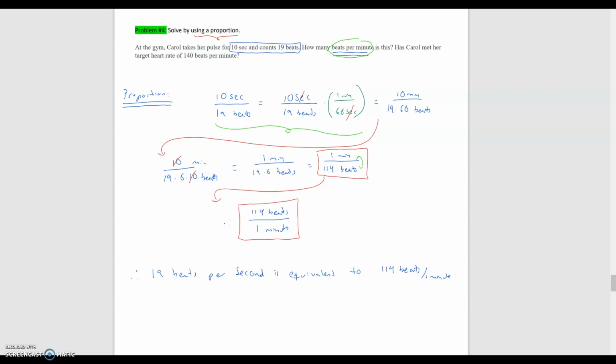And then there is an additional question. Has Carol met her target heart rate of 140 beats per minute?